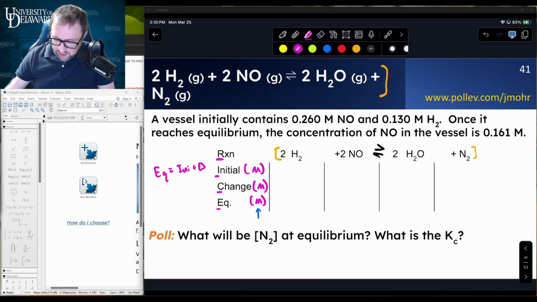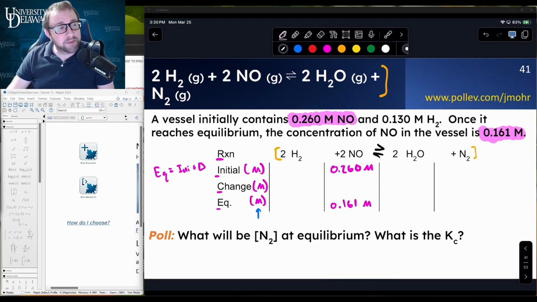We're told some information. So we have our initial concentration of nitrogen monoxide. We're also told the equilibrium concentration of nitrogen monoxide. So let's put those on our table. We have 0.260 molar and we have 0.161 molar at equilibrium.